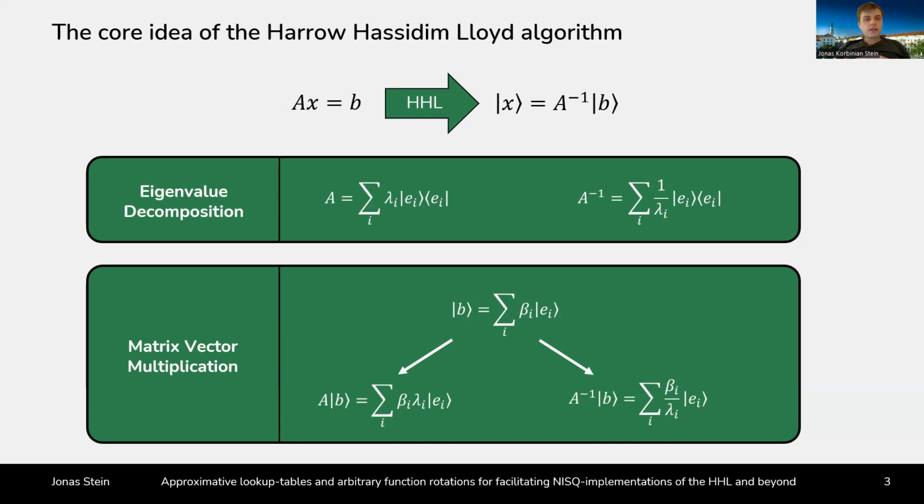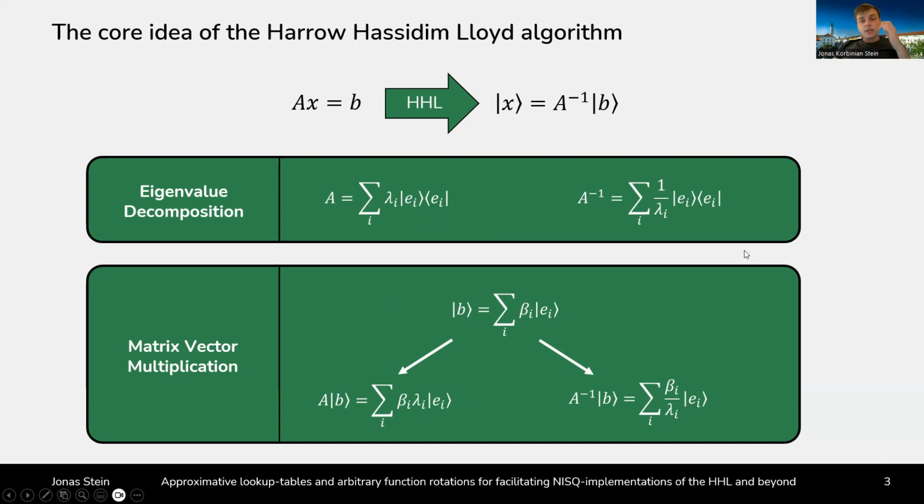The core idea basically is that we can do eigenvalue decomposition efficiently on quantum computers using quantum phase estimation. So we can look into how this matrix A looks like and decompose it into its eigenvectors and corresponding eigenvalues.